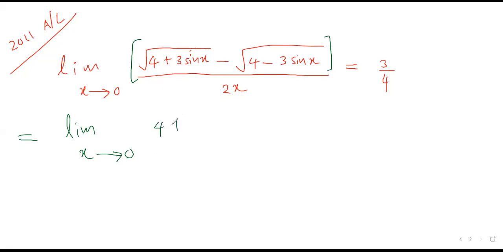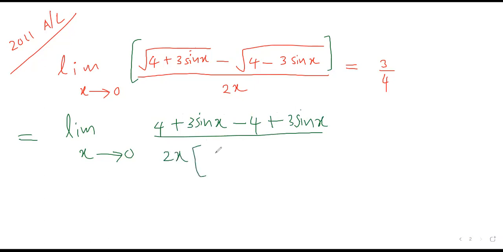So 4 plus 3 sin x minus 4 minus into minus here again plus 3 sin x over 2x times. Now you have to multiply by the conjugate: 4 plus 3 sin x plus the square root of 4 minus 3 sin x.